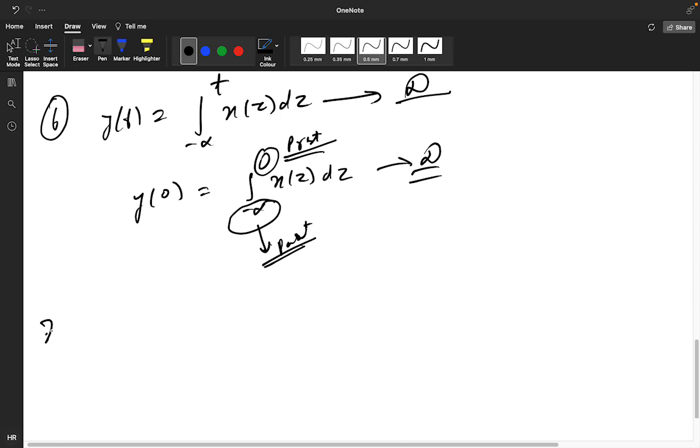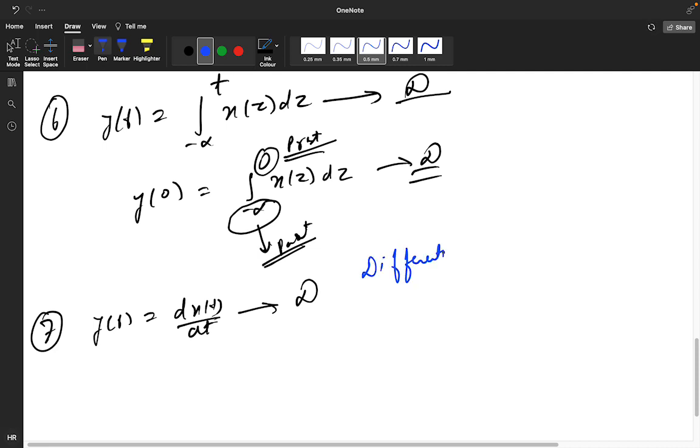And question number 7, y of t is equal to dx of t divided by dt. So this is dynamic only, because differentiation means calculation of slope.